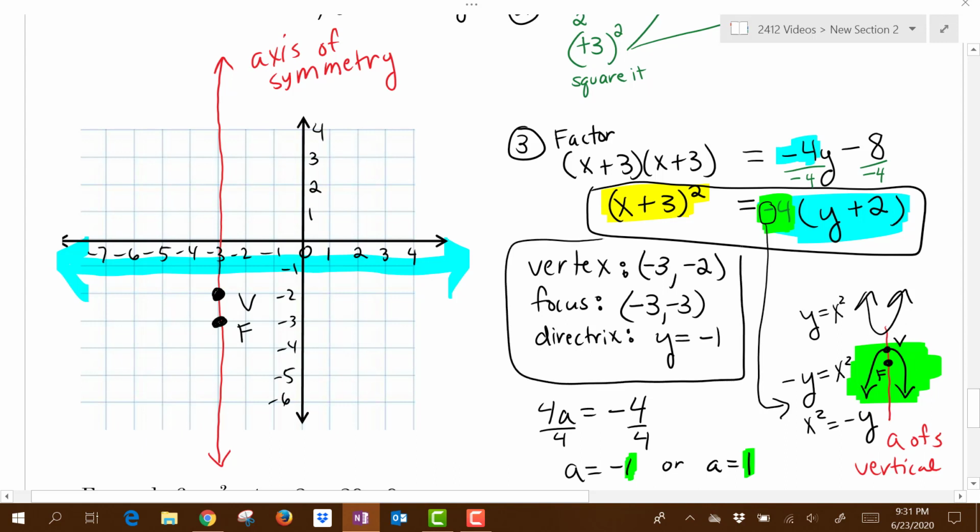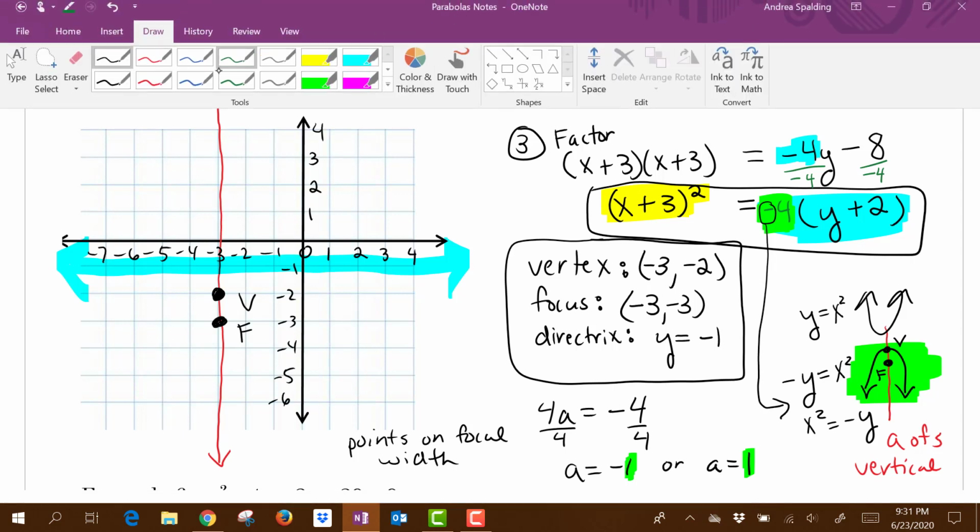Okay, so we have the equation of our parabola, we have the vertex, we have the focus, we have the directrix. If I want to graph this, then I'm going to need to figure out what are the points on the focal width. Okay, how wide is the focal width? Well, the focal width is the number in front of that parentheses. It's that green number, it's the 4. If you want to think of it as -4 or +4, it doesn't matter. But it has to be 4 units long.